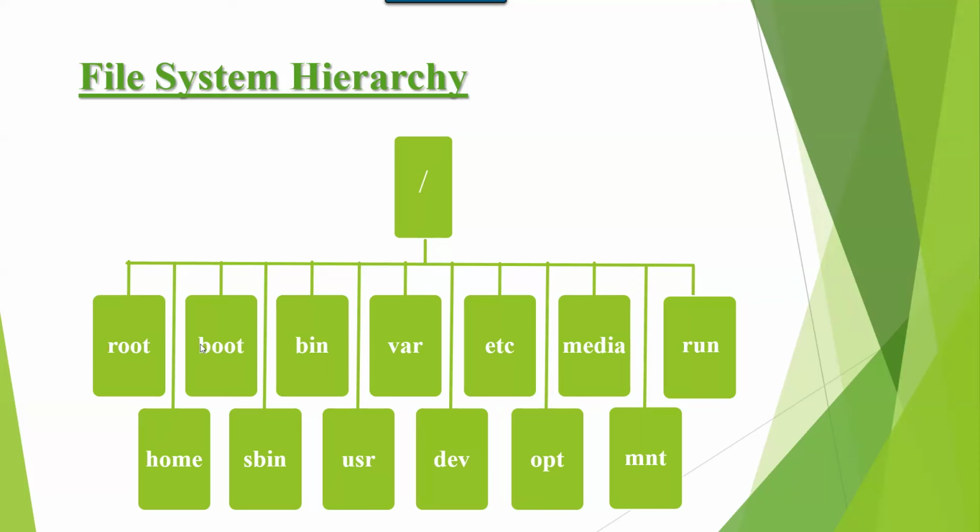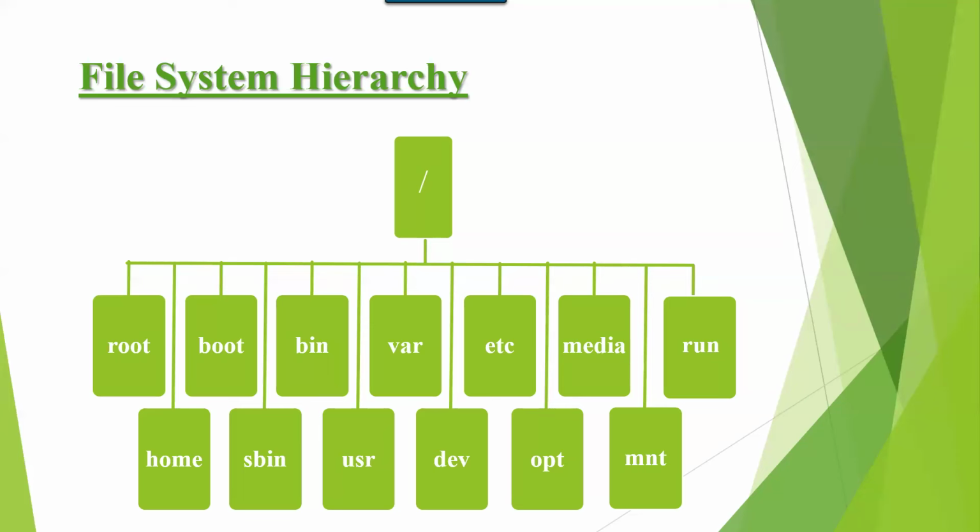Okay, boot contains bootable files. Operating system bootable files are stored under boot. It also contains kernel up to version 6. Sbin contains superuser commands, the commands which can be executed by superuser. Those commands are stored under sbin. Bin contains normal user commands, the commands which can be executed by normal user.